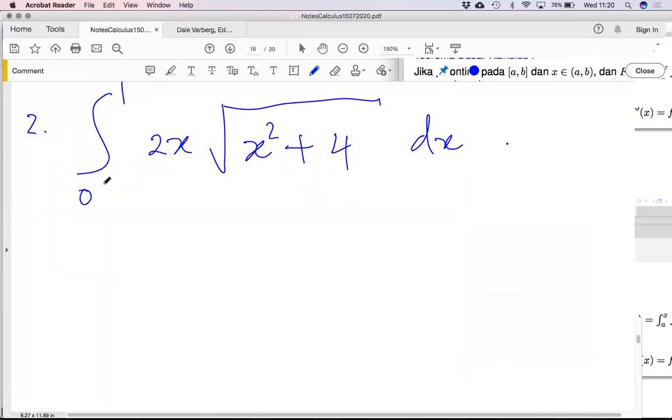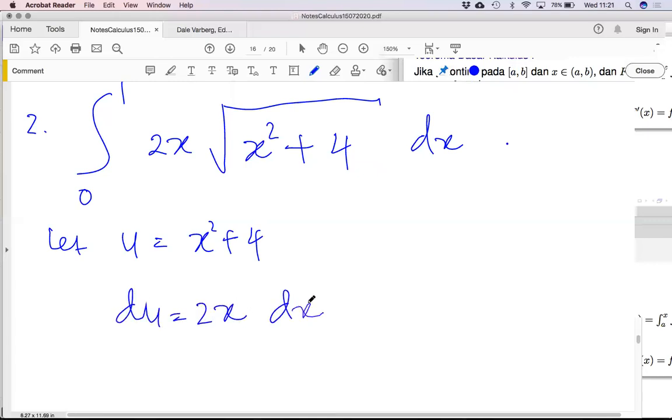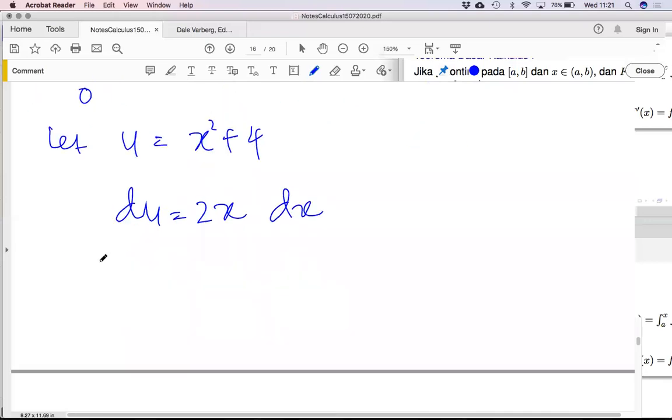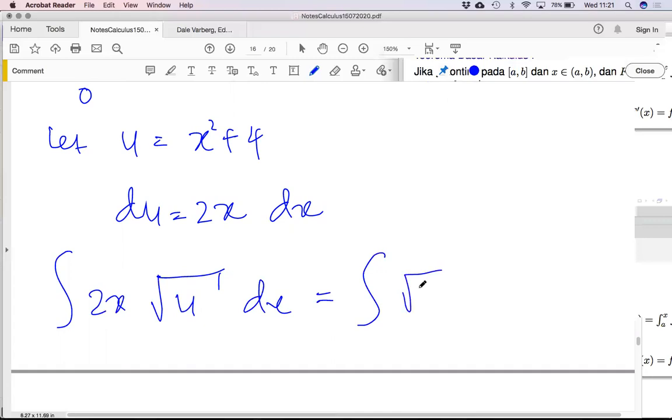Okay, so here let us assume that u is x squared plus 4 and du is 2x dx. Then you have the integral of square root of u, because 2x dx will be equal to du.